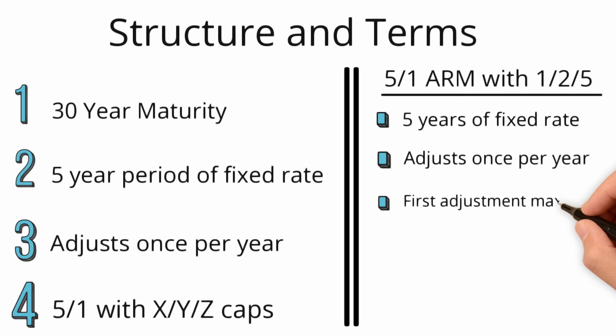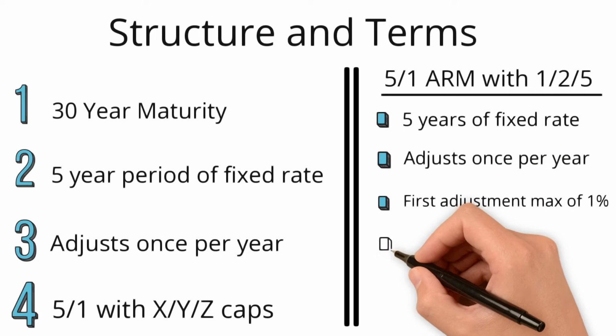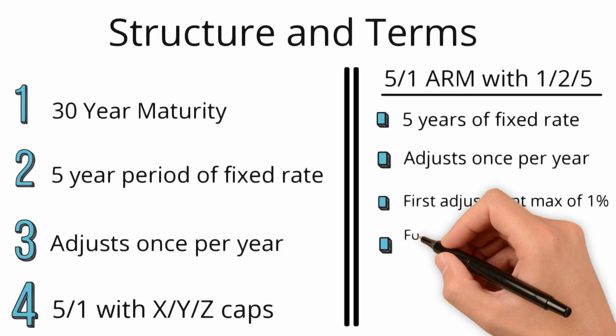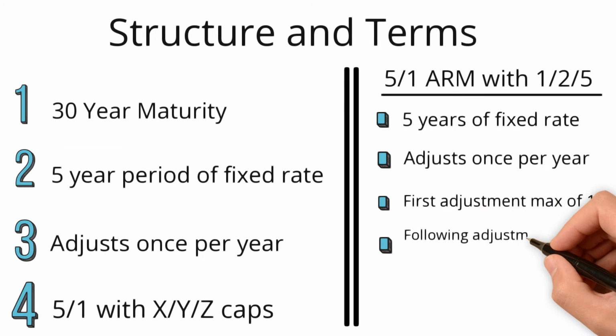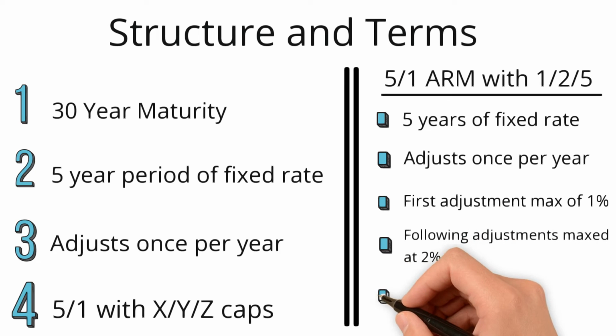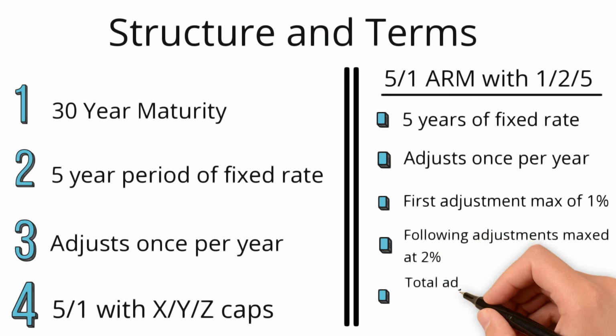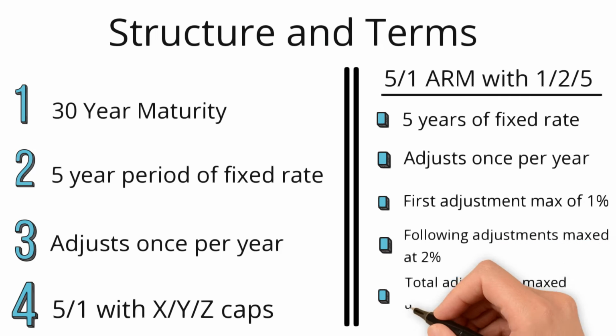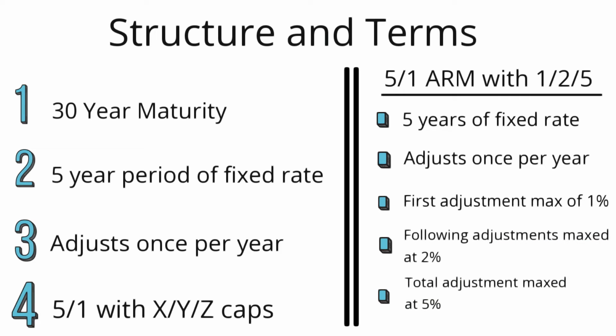And then the final number in that 1-2-5 scenario means that your total increase on your interest rate cannot exceed 5%. So say you have an initial fixed rate of 5% for your first 5 years. That first adjustment cannot go above 6%. And then the total adjustment cannot exceed 5%, meaning that your total interest on your mortgage cannot exceed 10%.